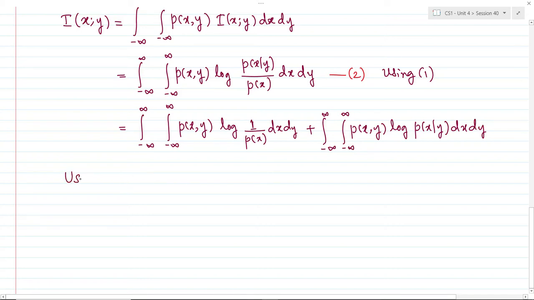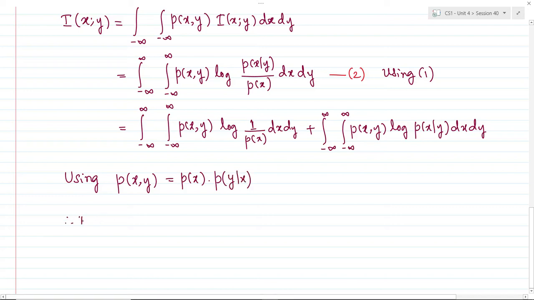Using a known relation, P of x given y, we know that this is, using the product rule, probability of y given x.